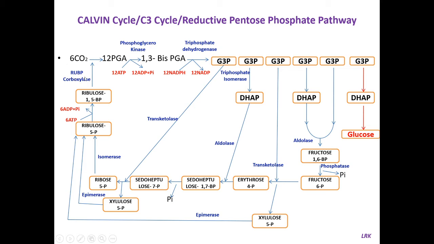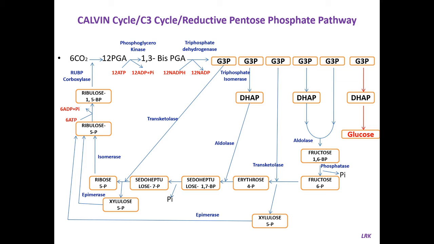See here, RuBP is the primary acceptor of carbon dioxide, and this reaction takes place in the presence of RuBP carboxylase oxygenase. It is popularly known as Rubisco, and this enzyme is the most abundant protein in the world. It is the key enzyme in biomass production from carbon dioxide in plants.